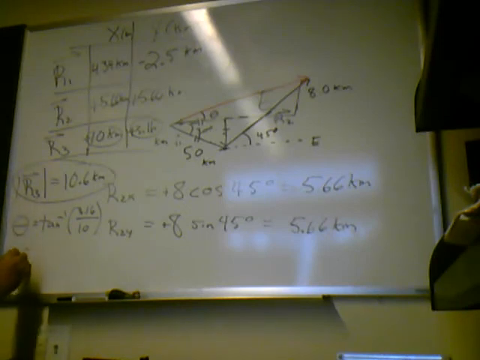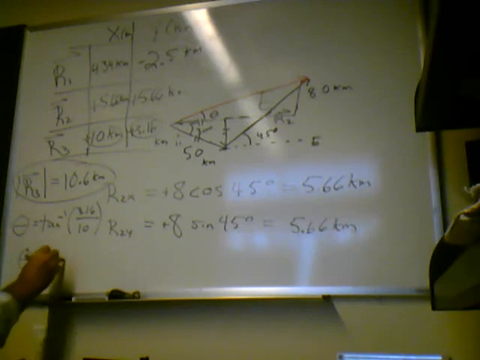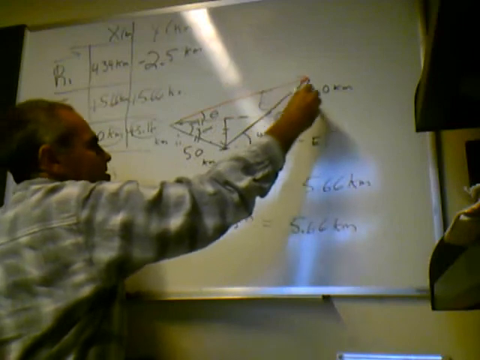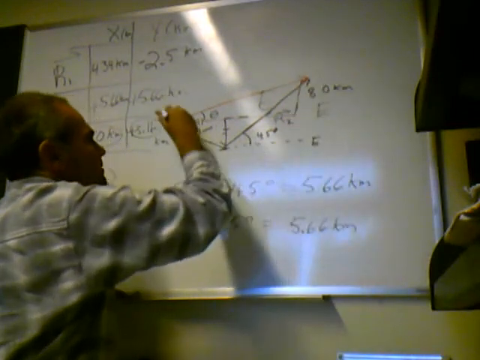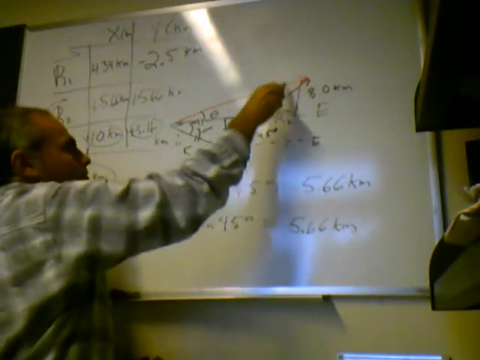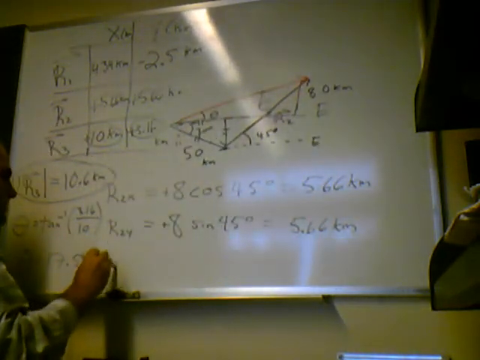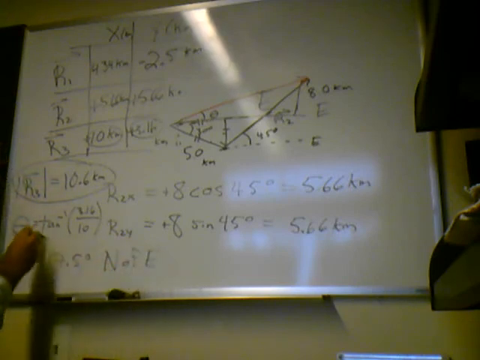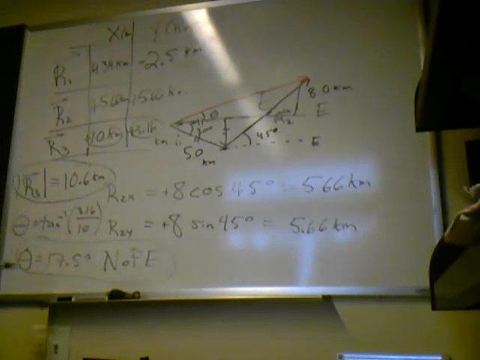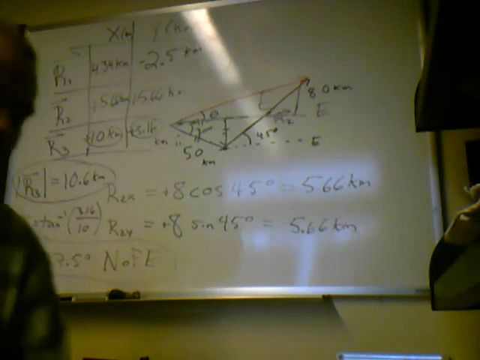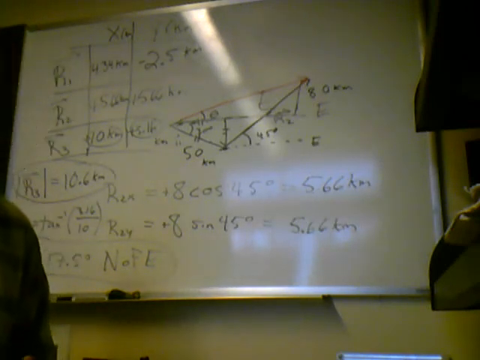Gives me 17.5 degrees. And the angle, as you can see here, is from the eastward direction from my original starting point, my home, and I'm going north of east. So that's the angle I would walk. So my final answer is I'd walk a distance of 10.6 kilometers at an angle of 17.5 degrees north of east. So I hope this is helpful to you for those who want to see additional practice on vectors.